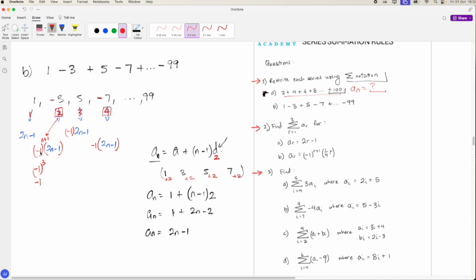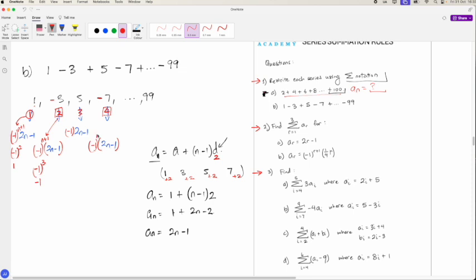Yeah. If I put negative 1 to the n plus 1 over here, I'll see n is 1 over here. So 1 plus 1 means I'll have negative 1 squared, which is 1. So over here, this will remain positive. Let's look at this one now.